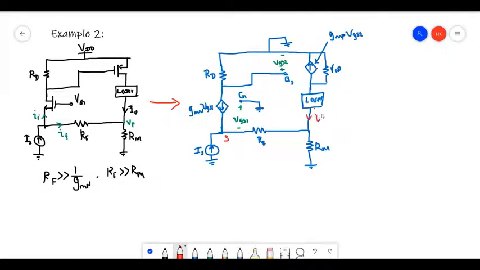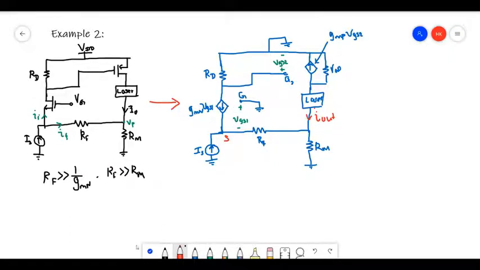When finding the output resistance, we might want to consider ROP because it is the output resistance of this transistor after all. And this is VGS2. So this is the small signal model.